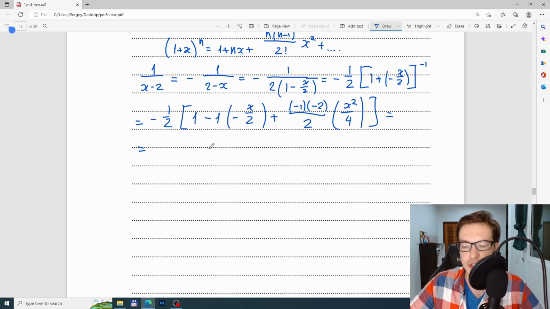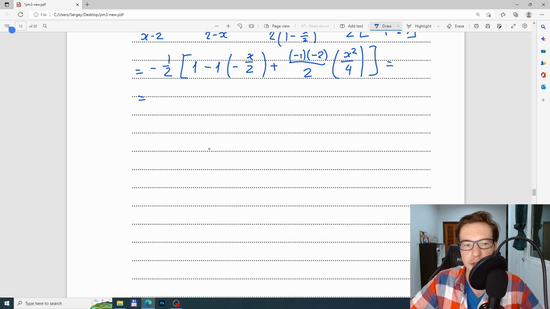So let's just simplify this a little bit, and we'll get minus 1 over 2 times 1 plus x over 2 plus x squared over 4, and we get minus half minus x over 4 minus x squared over 8.